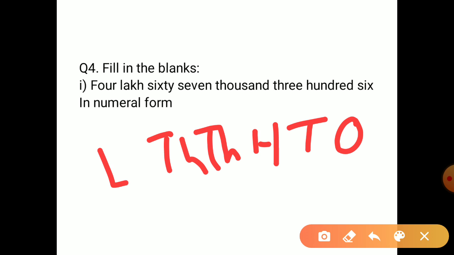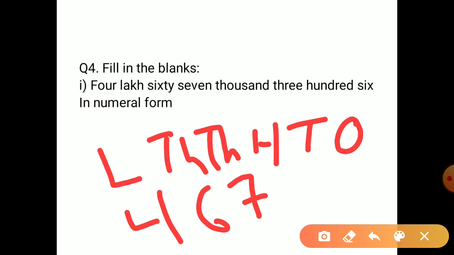Then we have lakh. So 4 lakhs, write 4. Then we have 67,000, so we will write 67 under thousand period. Then we have 306. So my question is solved. 4,67,306.